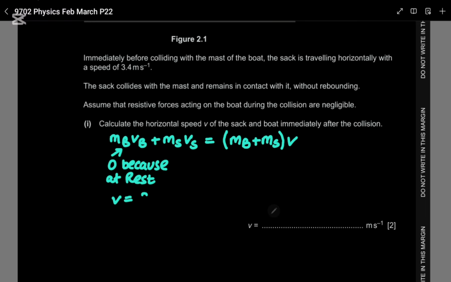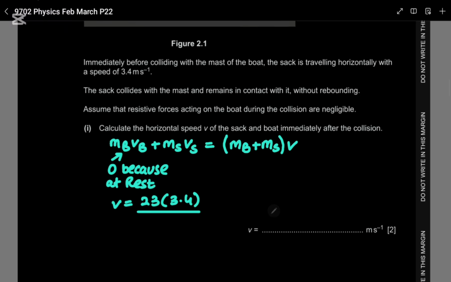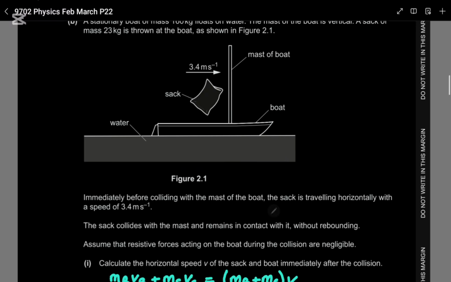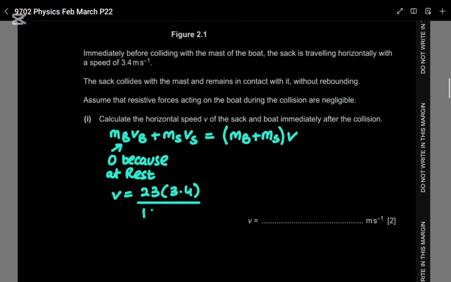So let's just find the velocity directly, okay. Let's not waste time. 23 into 3.4 over the mass of boat plus mass of sack. So 160 plus 23, okay. Let me put this into my calculator. 23 into 3.4 over 160 plus 23.